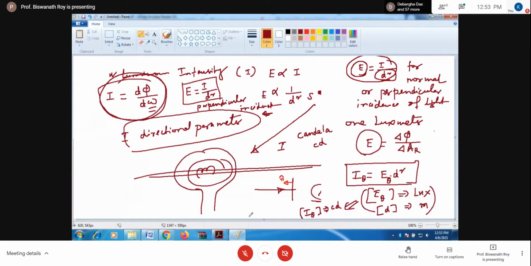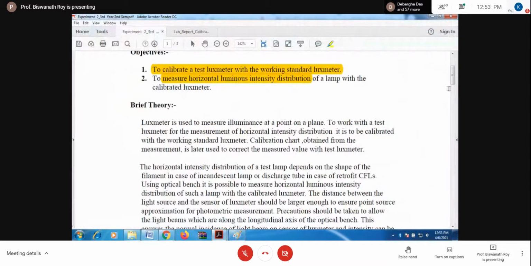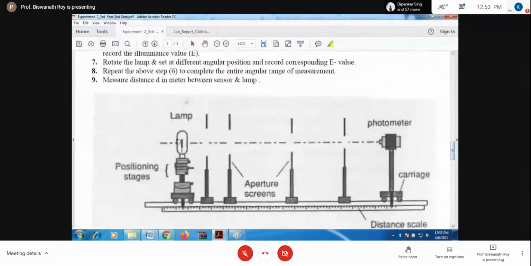So in this experimentation, I place the lamp here and I place the test lux meter here, which is calibrated now. For the test lux meter, I have both the calibration chart and the calibration table. I place another lamp, and there is an attachment by which we can rotate the lamp about this vertical axis.